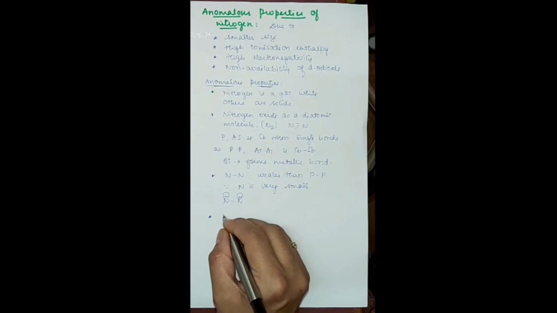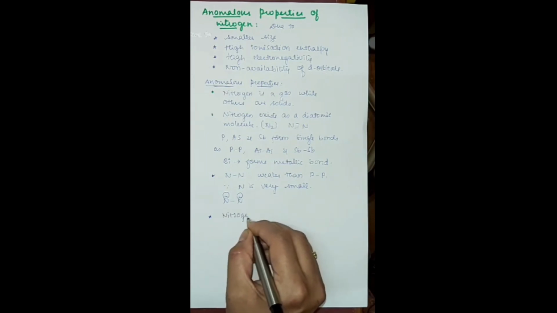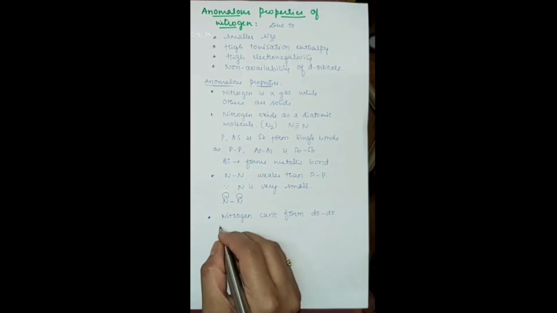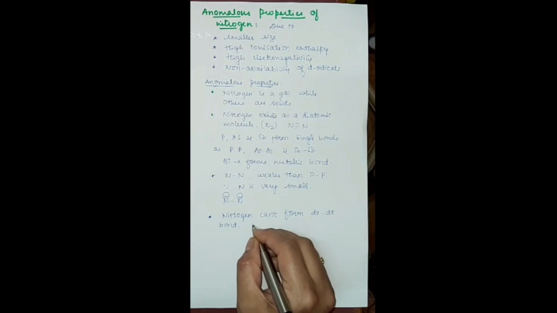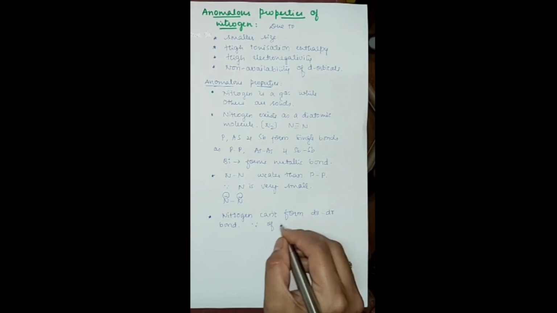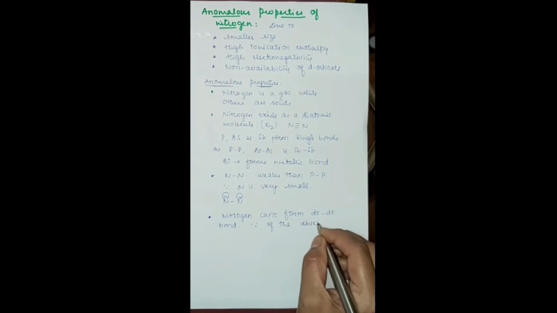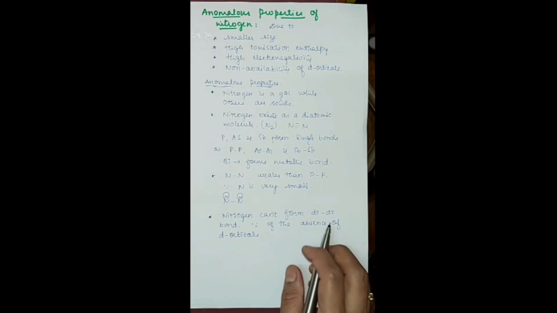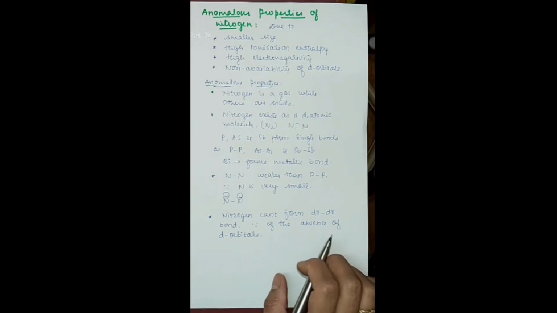And nitrogen cannot form d-pi p-pi bonds because of the absence of d orbitals, whereas other elements can form d-pi p-pi bonds because they make use of their empty d orbitals in the valence shell. So these are some properties of nitrogen which are quite different from other elements in their group. Thank you.